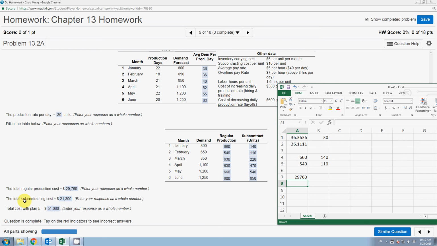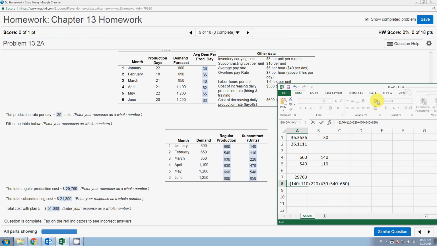For the subcontracting cost, let's see how many units we have to subcontract. The numbers are here, so we have to add them all together: 140 for January plus 110 plus 220 plus 470 plus 540 plus 650.